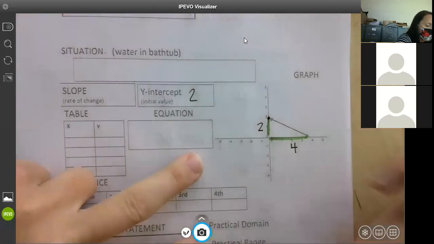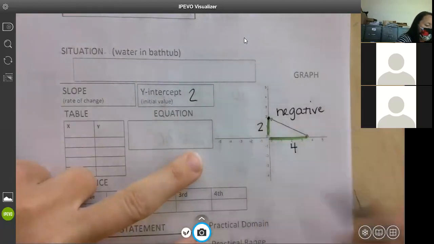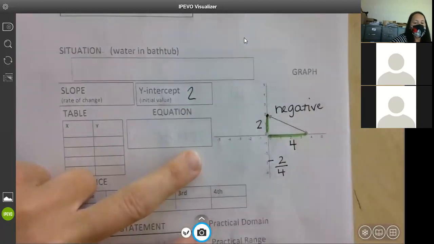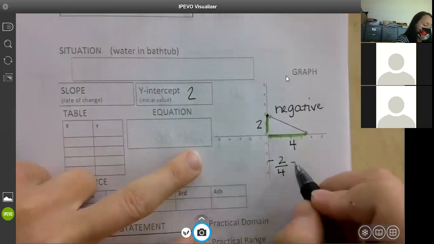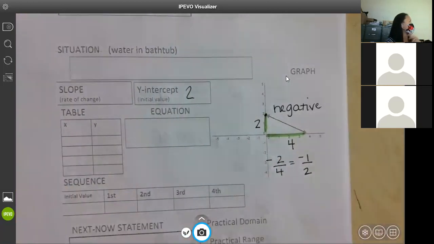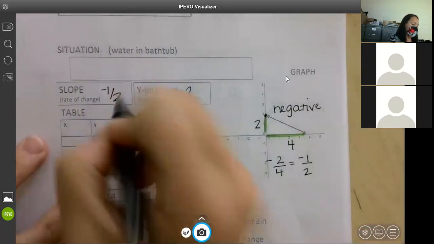Look at it. So rise over run, and it's a negative. Sorry, y'all. Rise over run is a negative, gives us negative 1/2. If you gave me negative 0.5, it's the same exact thing. So that's your slope.